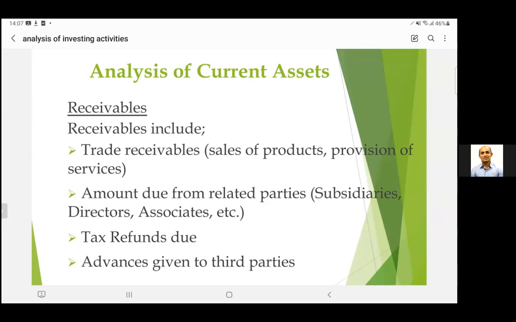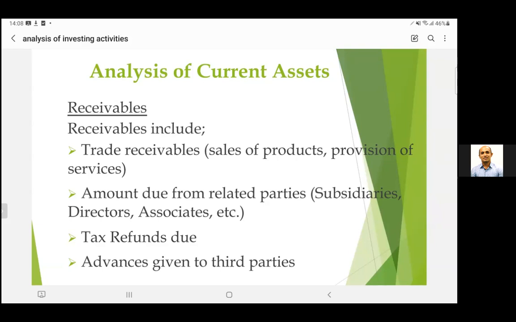For trade receivables, when you sell goods on credit, the receivables are valued at selling price. The receivable balance is calculated based on the selling price.